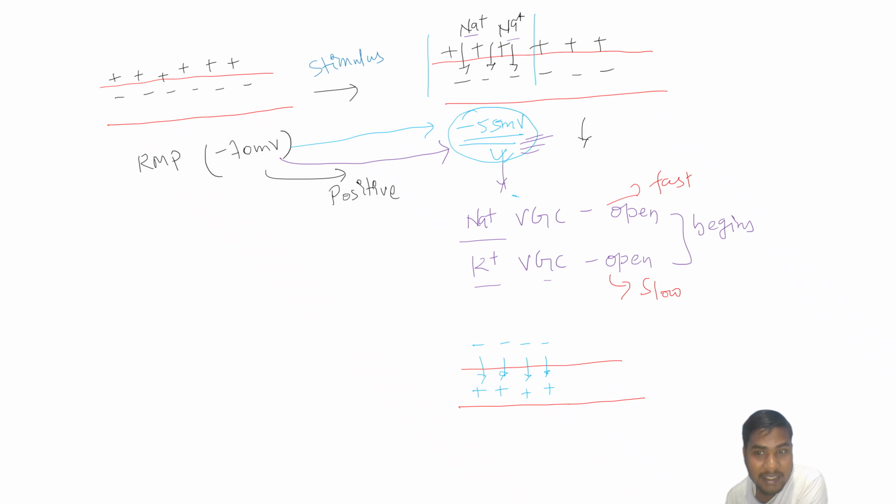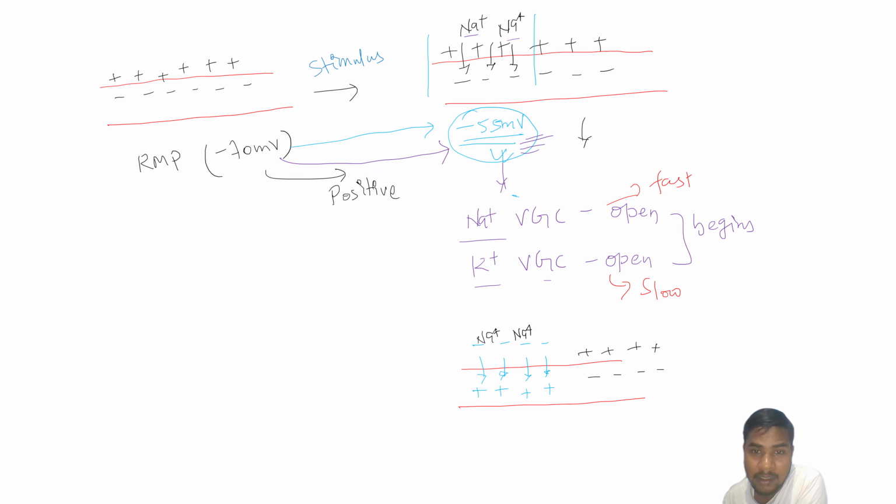But the stage ahead of this is still positive outside because of the localized opening of the voltage gated sodium or potassium ion channel. Since it is due to the fast opening of the sodium ion voltage gated channel, the sodium ion is going inside.